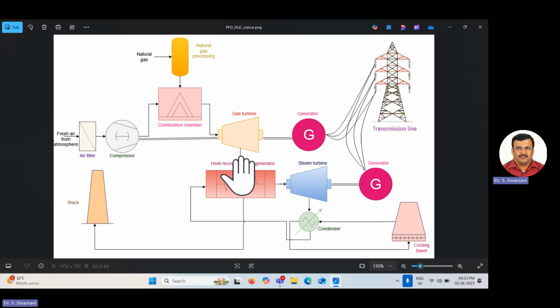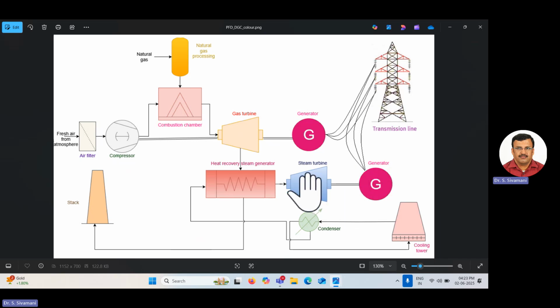So here what happens? The exhaust gas is again recycled. The exhaust gas is used by the heat recovery steam generator, where the heat from the gas turbine is used to heat the water and convert it into steam. And the steam is converted to power in a steam turbine, and the power generated by the steam turbine is again connected to the grid.